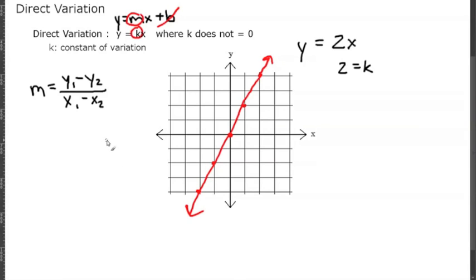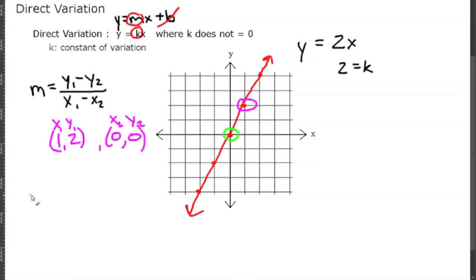Now, remembering our slope through the slope formula, we can see that one of our points is always going to be 0, 0. So if we were to use that as our second point, x2, y2, we could use this second point, 1, 2, and 0, 0 will be our x1, y1, x2, y2.